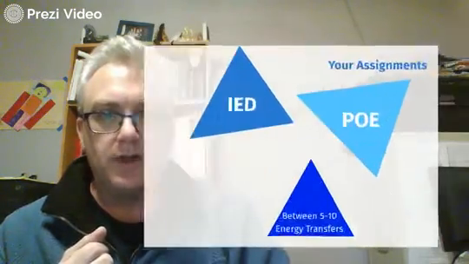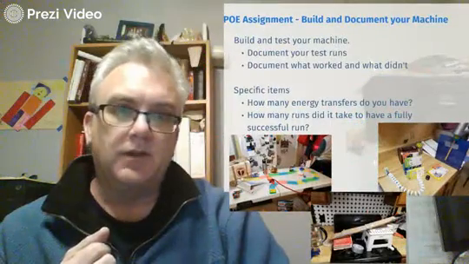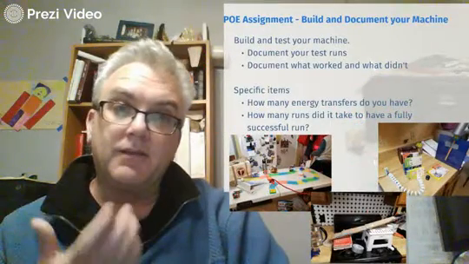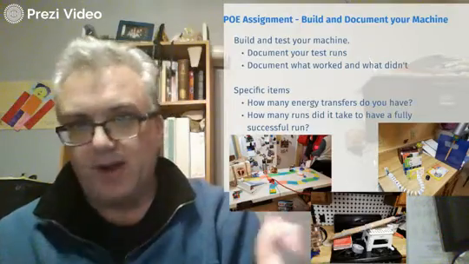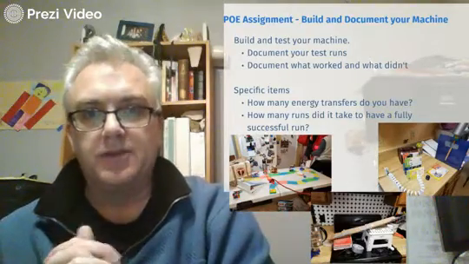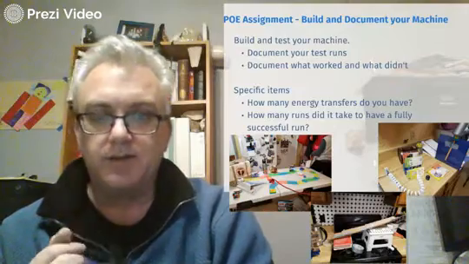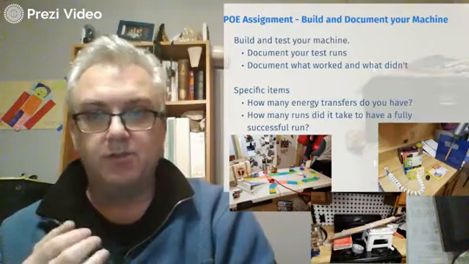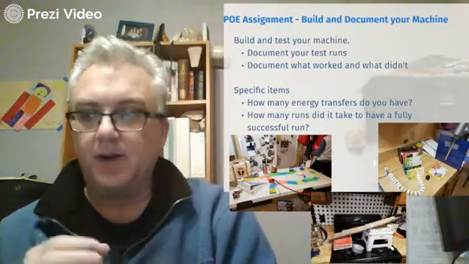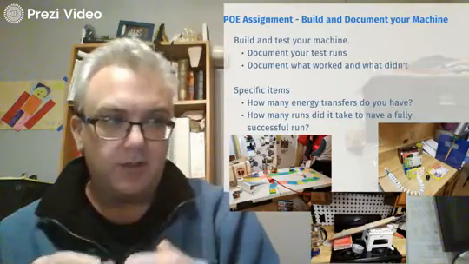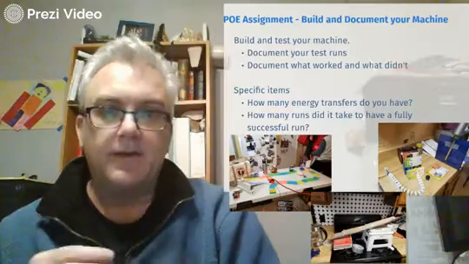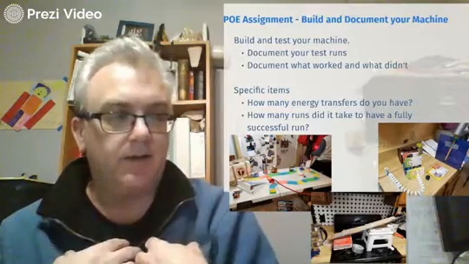Then your POE assignment is going to be to build and document your machine. You're actually going to build this thing somewhere in your house, build and test your machine, and document your test runs. That means how many times did you have to try it. If I tested one specific piece of it a couple times, then document that. I did that a bunch of times.